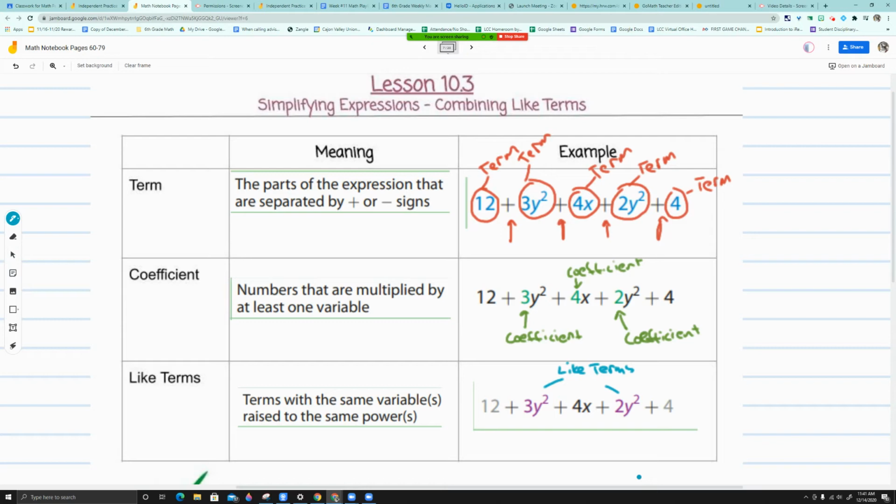So if you had like 3y plus 2y squared, those wouldn't be like terms because they wouldn't have the same power. They have to have the same variable and the same power to be able to call them like terms. So I'm going to put this here, same variable, same power.